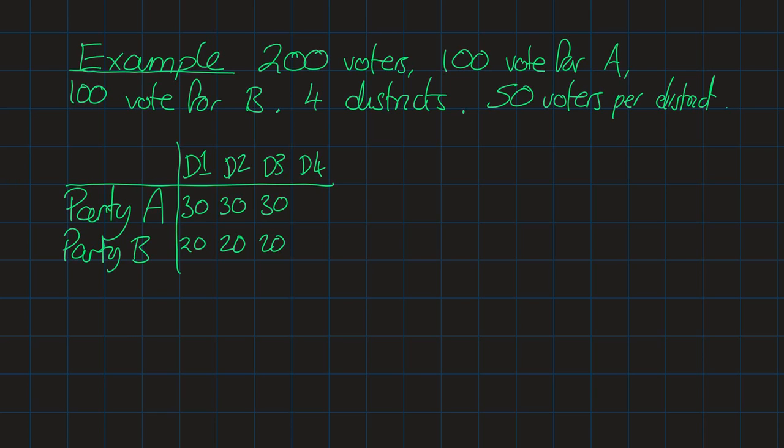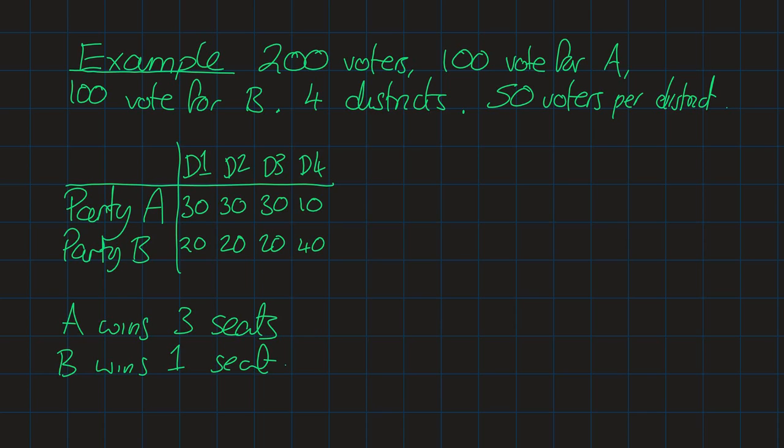And then district 4, well, there's only 10 voters left who voted for A, and there are 40 voters left who voted for B. So in this scenario, A wins 3 seats and B wins 1 seat. B only wins D4, whereas A wins D1 to 3. You could argue that this looks suspiciously gerrymandered in favor of A.